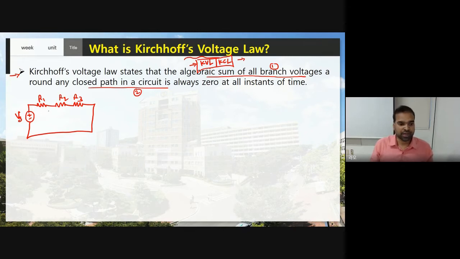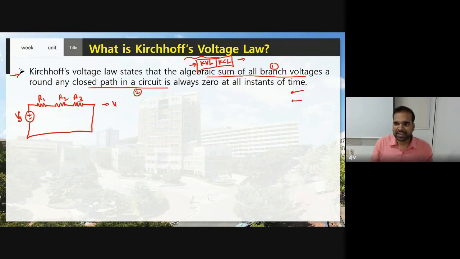If an open circuit is given, you cannot apply KVL. So how many branches do we have? We have 3 resistors and 1 voltage source, so including the voltage source, we have a total of 4 branches.